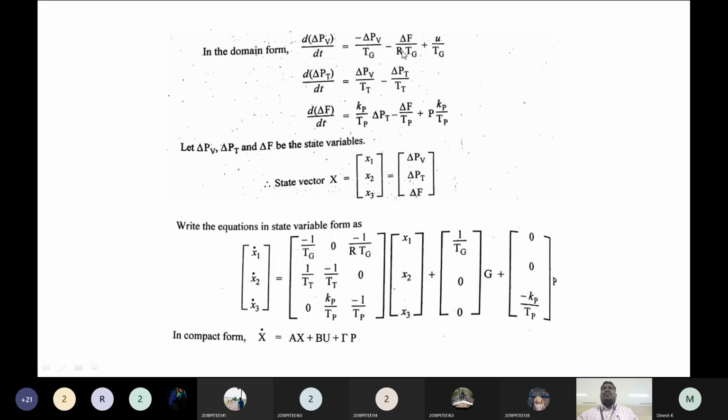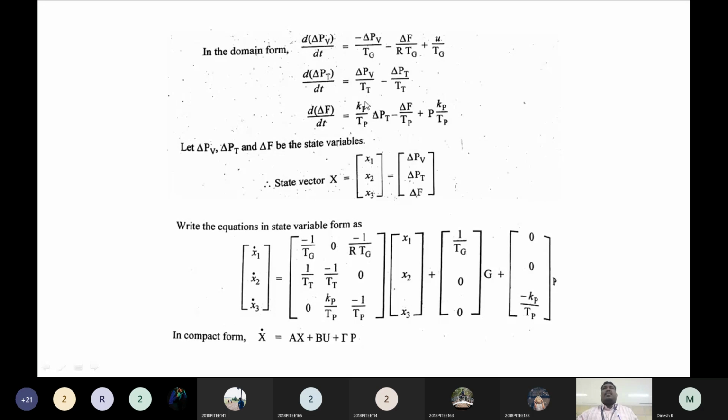Applying the equations, similarly d del PT by dt is del PV by TT minus del PT by TT. The last variable, d del F by dt is Kp by Tp del PT minus del F by Tp plus P into Kp by Tp.